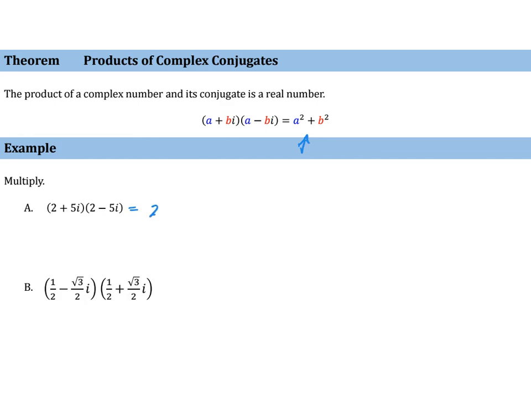So we have 2 squared plus the imaginary part is 5 squared, then will be 4 plus 25, which will be 29. Or it would have been okay if you had FOILed it instead, and you would have obtained first, outside, inside, last, which would have been 4 minus 25 times negative 1, which is 29. So either way is acceptable.